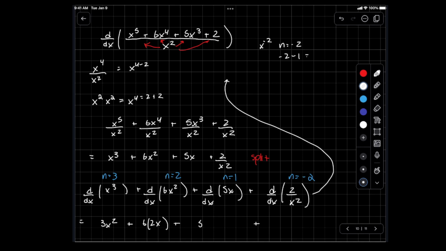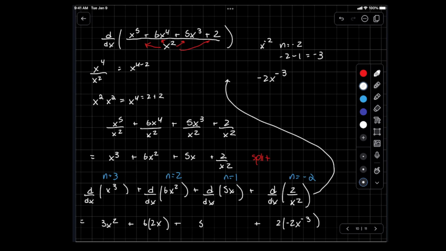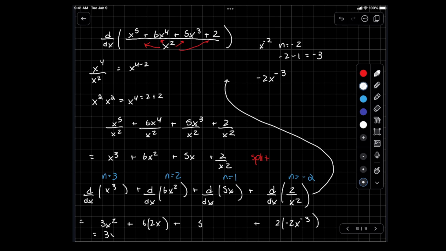Negative 2 minus 1 is negative 3. Just be careful with your negative signs when subtracting. Sometimes I still get it wrong as well. Times negative 2, x to the negative 3. Our final answer is going to be 3x squared plus 12x plus 5, minus 4x to the negative 3.